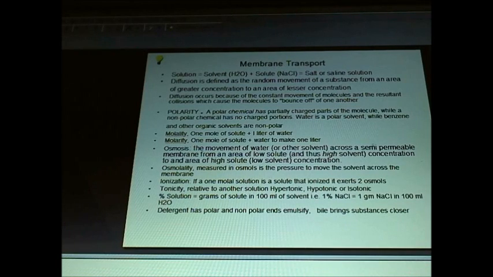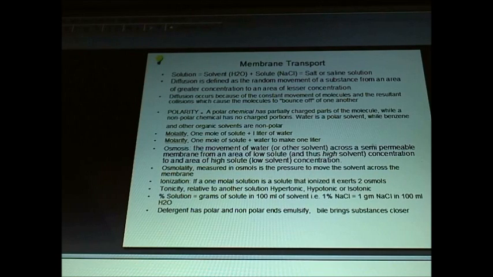To convert that to a molal, you're going to multiply that 5.85 times 10, which gives you 58.5, and you're going to divide that by the gram atomic weight of sodium chloride, which I actually did on purpose, is 58.5. That will give you a 1 molal solution. So that's how you calculate the difference.